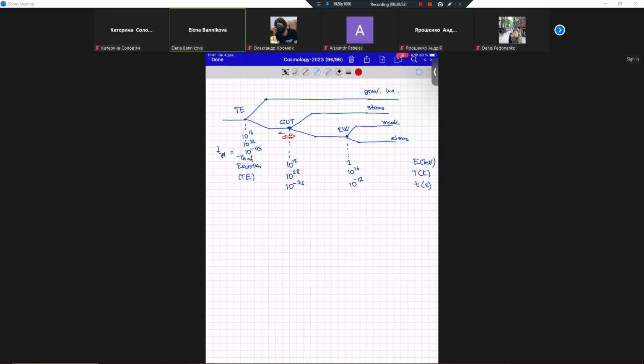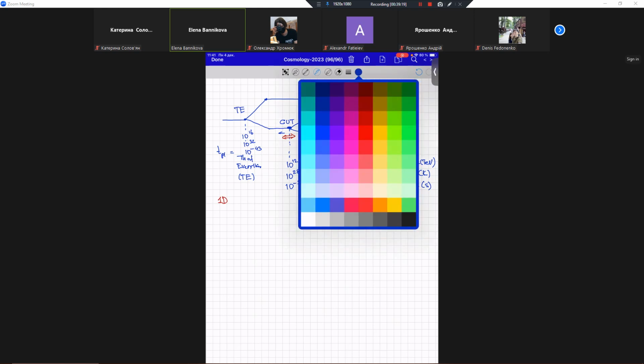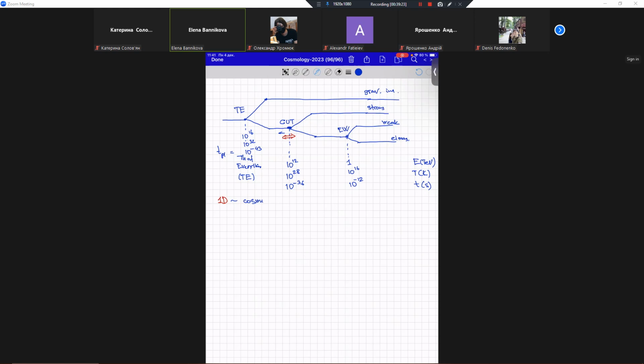For example, when passing from this moment T good, the unified theory, called the string theory of elementary particles, suggests the appearance of a one-dimensional object called a cosmic string. So this is a kind of break-in which creates a defect of the space, which looks like cosmic strings.